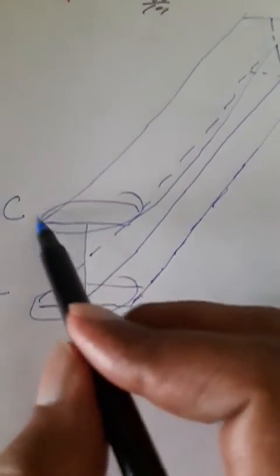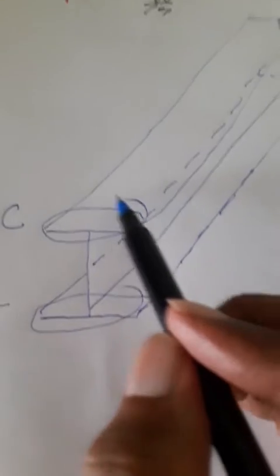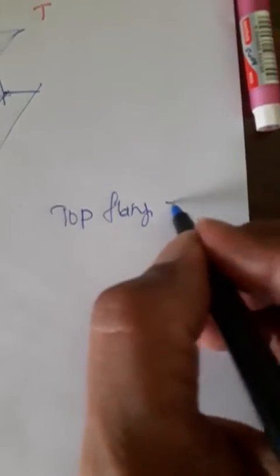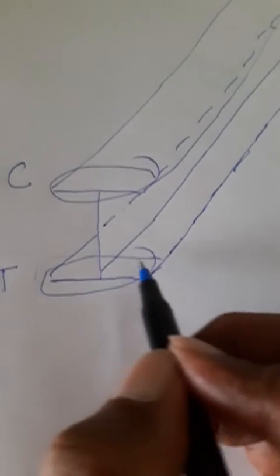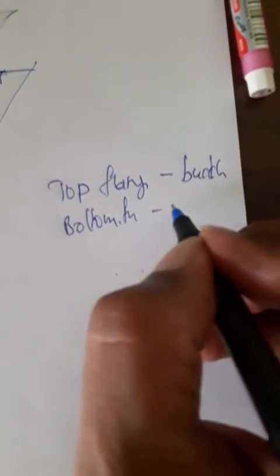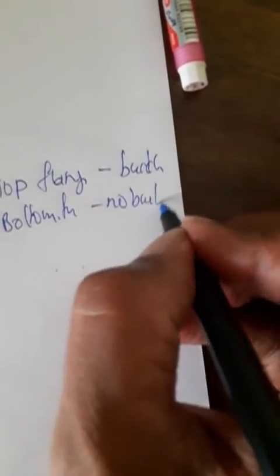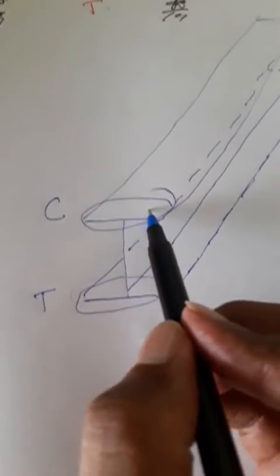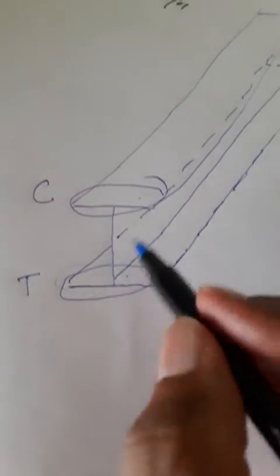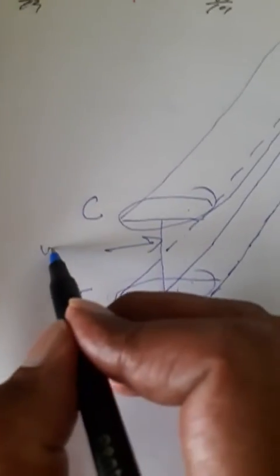The top flange, which is under compression, tries to buckle, but the bottom flange, which is in tension, does not buckle. The top tries to buckle, the bottom does not buckle, but the top and bottom flanges are joined by the web.